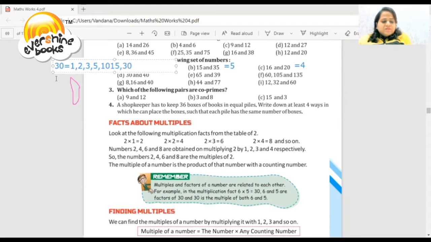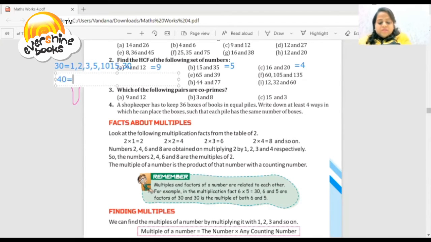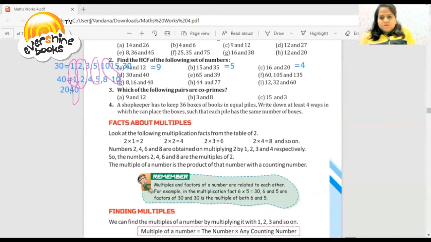Now students, tell me the factors of 40. Write here 40: 1, 2, 4, 5 and 8. You have to write 8, okay?